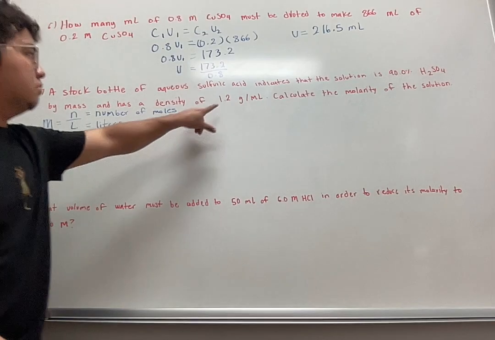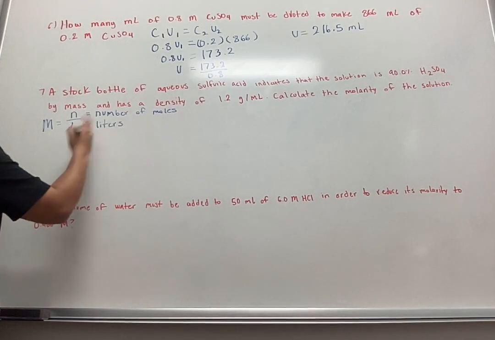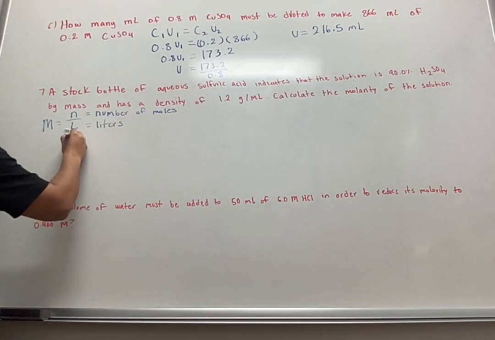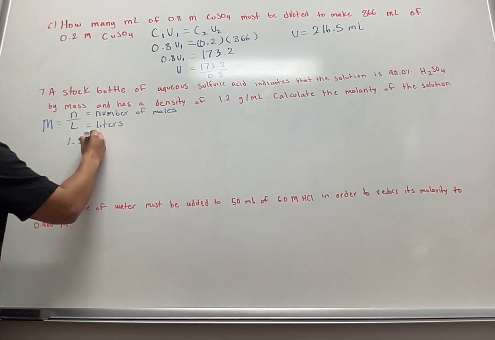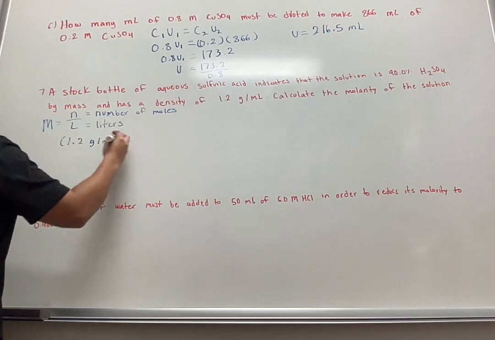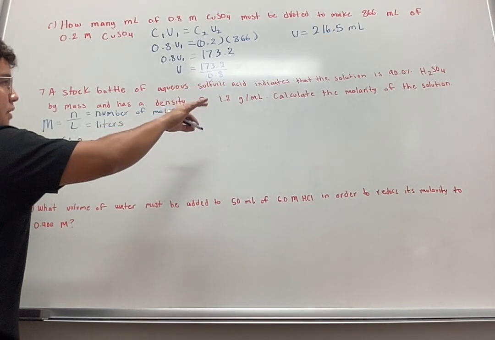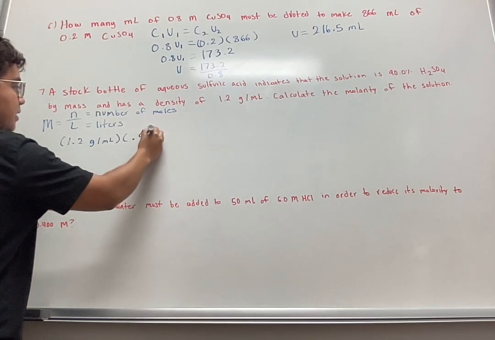So we can use 1.2 grams per milliliter, and say that 90% of that is H2SO4. We use the percentage they give us, 1.2 grams per milliliter, and multiply that not by 90, but by 0.9.